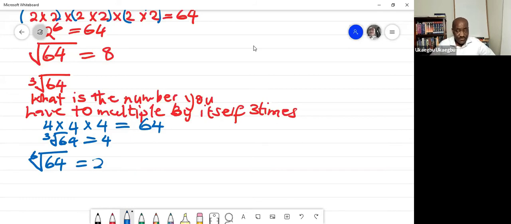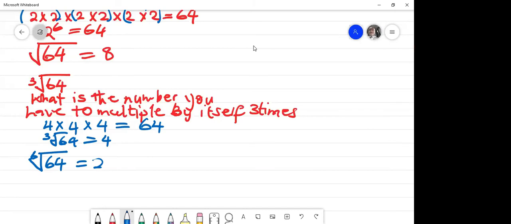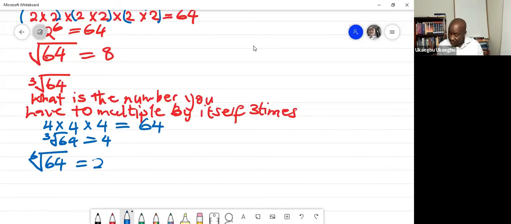So from what we just demonstrated, we can see that radical is an inverse operation of exponent. Just like division is an inverse operation of multiplication.